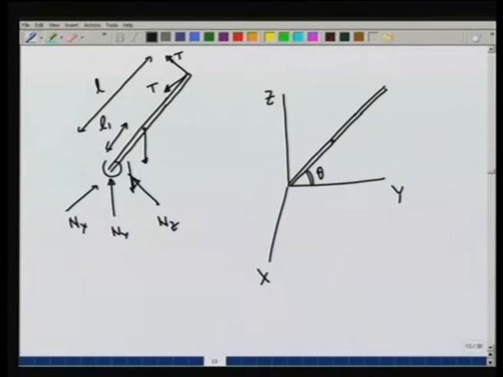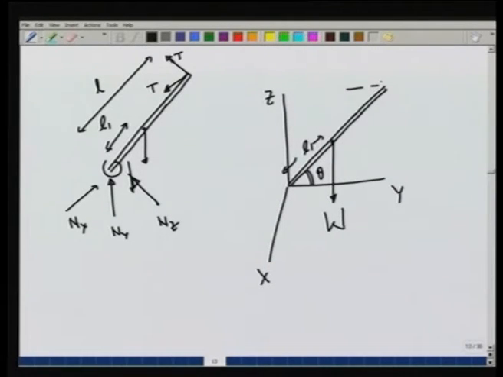The load is at a distance L1 and let the weight be W. The ropes are in the x y plane and let each of them make an angle of alpha from the y axis.